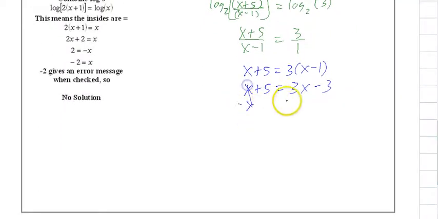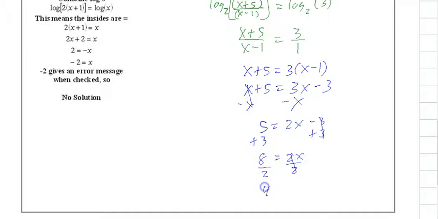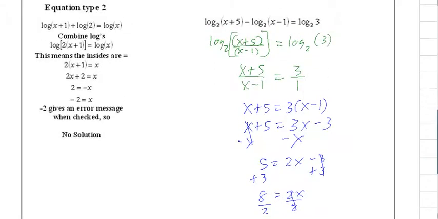So minus x, plus 3, plus 3, divide by 2, and we get 4. Now we still need to check it by plugging it back in. So we get log base 2 of 4 plus 5 minus log base 2 of 4 minus 1. We still want to check it just to make sure we have it correct.